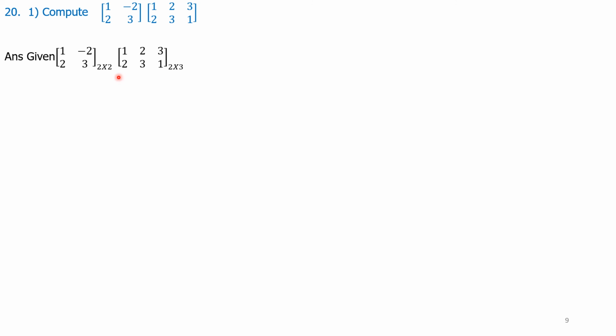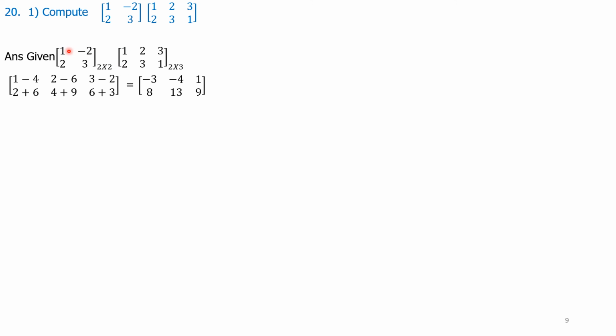Since 2 is common, column of the first matrix and row of the second matrix is same, we can perform multiplication operation of two matrices. Let us do it. So first row is to be multiplied with the corresponding column of the second matrix.